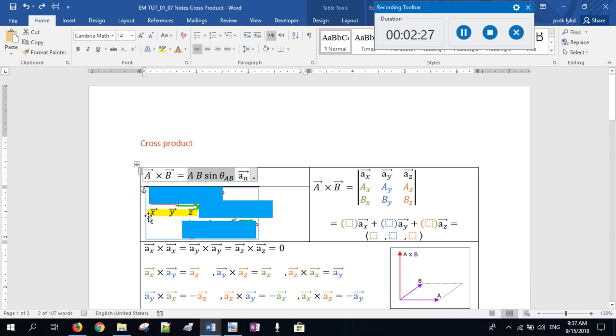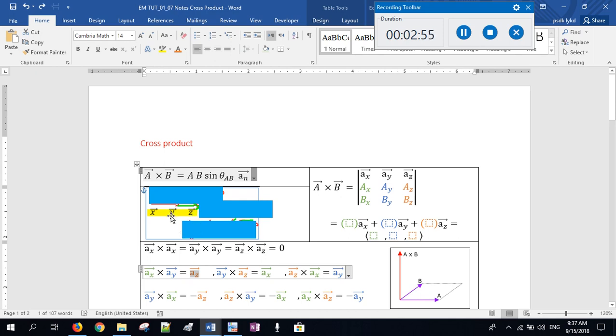If we move from left to right, it will be positive. If we move from right to left, it will be negative. So AX cross AY, we move from left to right, will give the other dimension AZ, and it will be positive.